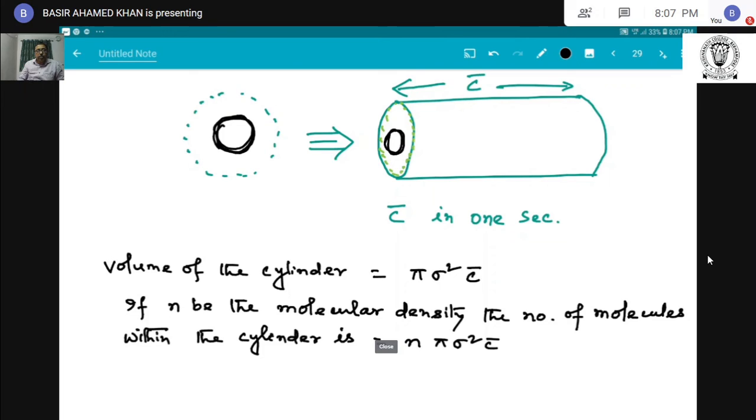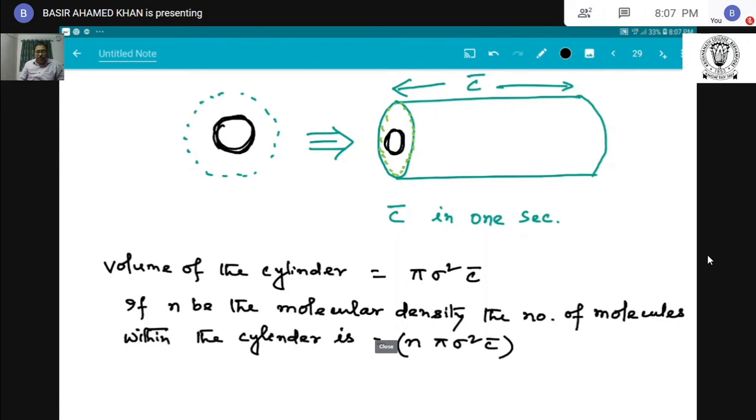This is the number of molecules lying within the cylinder. So the moving molecule makes this number of collisions per second.